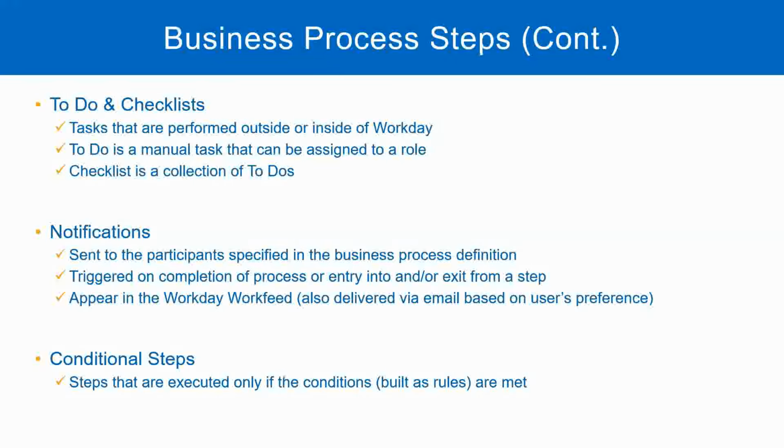The other is a checklist. A checklist is a collection of to-dos, so you may have multiple to-dos. Okay, go to this website. Order a laptop. Order a headphone. Come out. Go to a different website. Order a keyboard and a mouse. Okay.